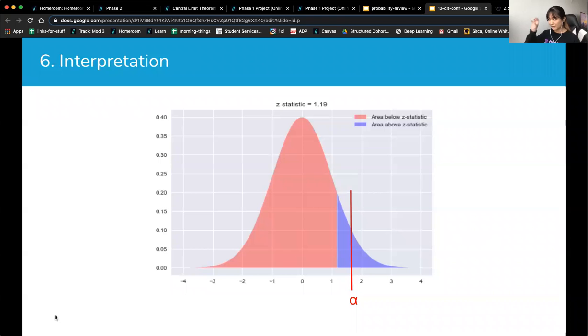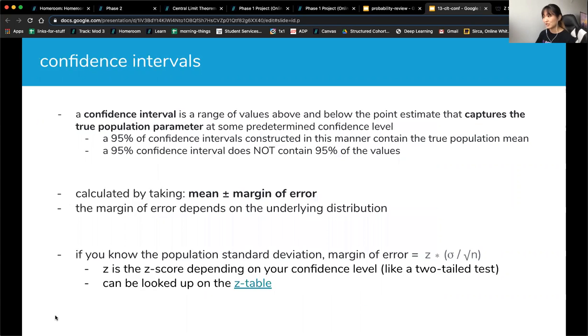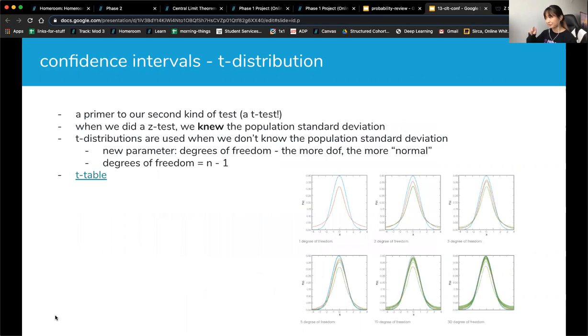So if we remember with this distribution, what are the conditions that have to be met before we can use it? We need to know our population mean and standard deviation. If we don't have that information, for a t-distribution, we would use it when we don't know our population standard deviation.